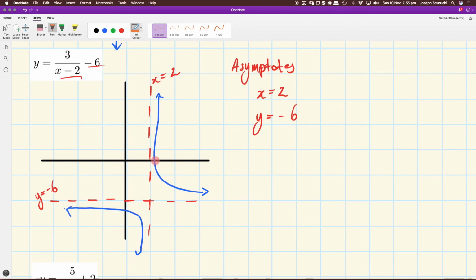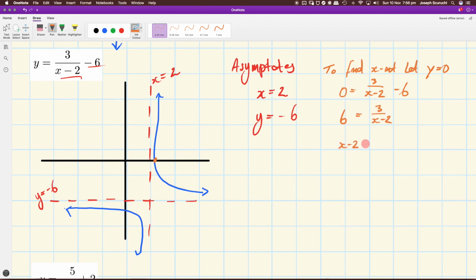This time I have an x-intercept and a y-intercept, but let me do the x first. To find the x-intercept, let y equal 0. So I'm going to get 0 equals 3 over x minus 2, minus 6. Put 6 on this side, 3 over x minus 2.